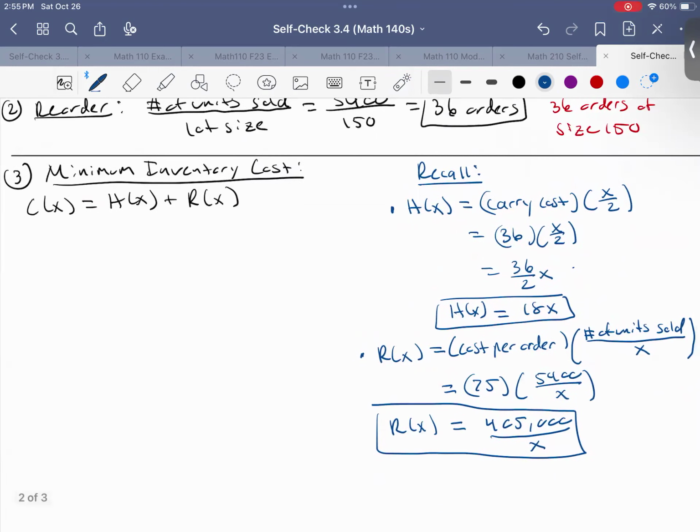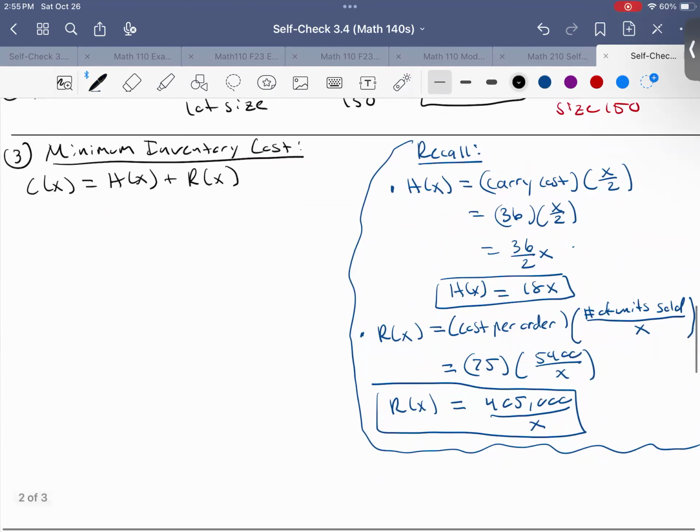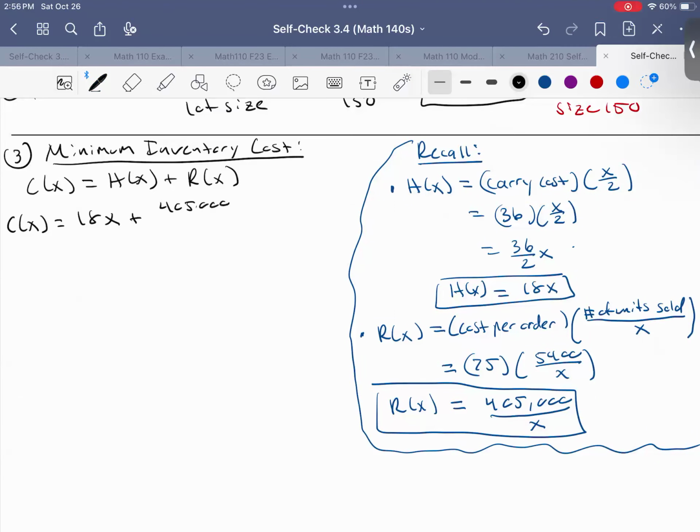This is our off to the side work. This means our inventory cost function is H of x, so 18x plus 405,000 over x. So that is our minimum inventory cost function.